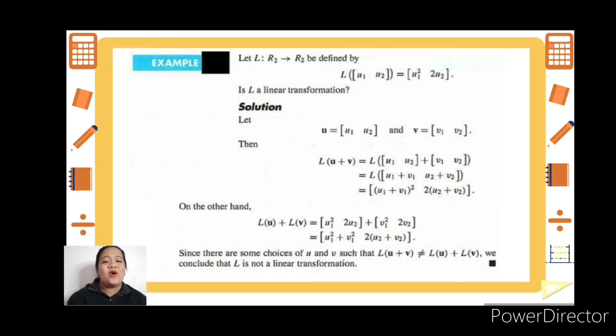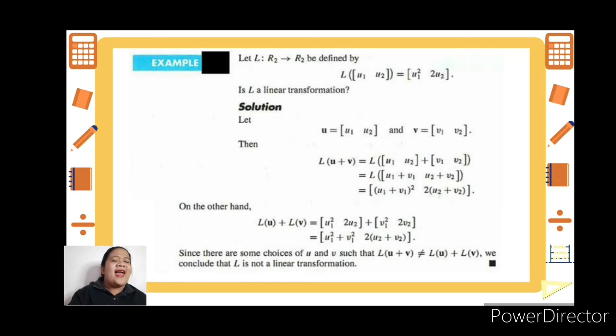Let's solve this one. Let u be equal to u sub 1 and u sub 2, and v be equal to v sub 1 and v sub 2, since the given there is R2 to R2, in that case the rows there is 2 and the column there is 1.